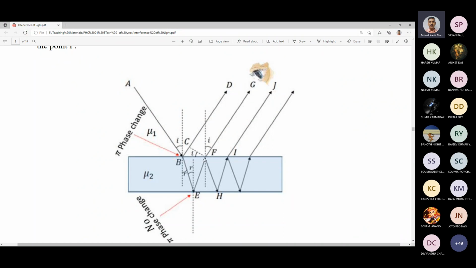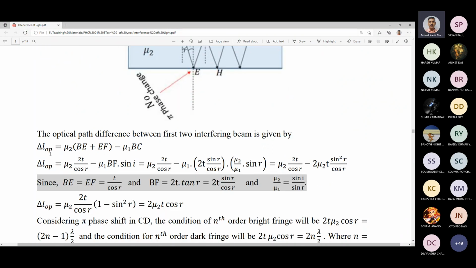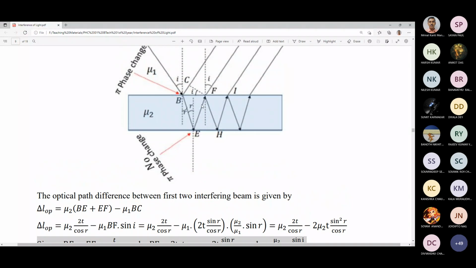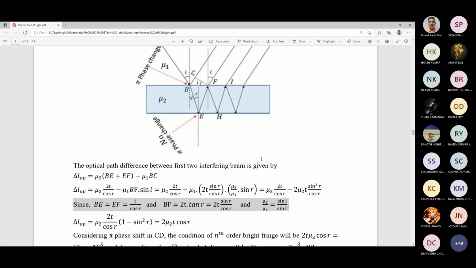This is the path difference between these two interfering beams.